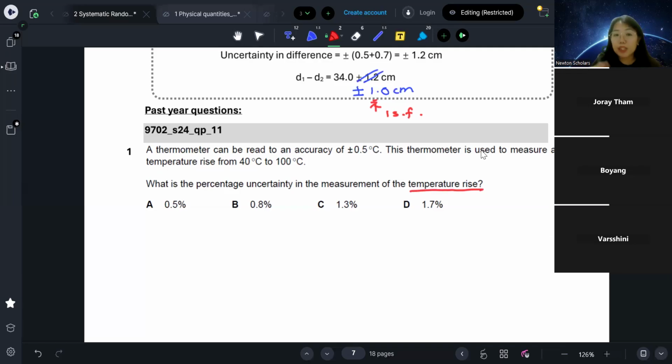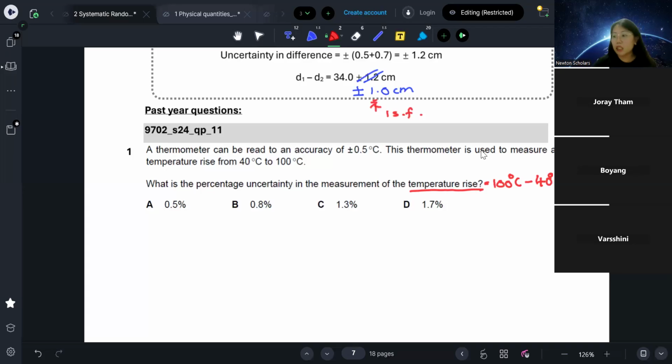How much is the temperature rise? We need to use the final temperature minus the initial temperature. Can you see that? This question, the data we have to minus. We should use 100 degrees Celsius minus 40 degrees Celsius. So it's minus.